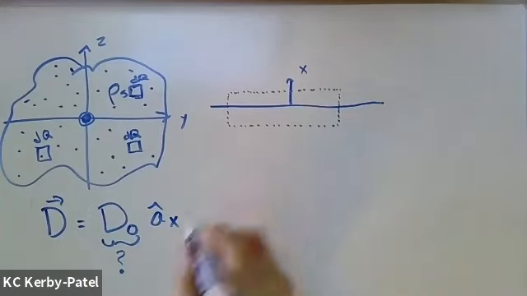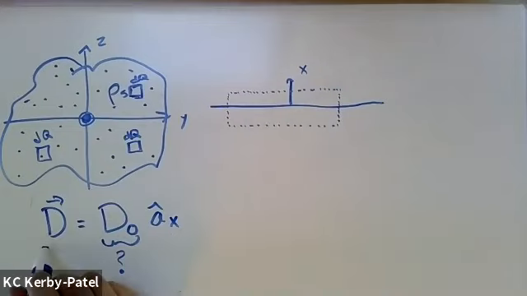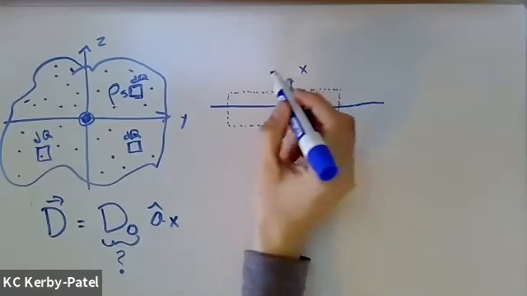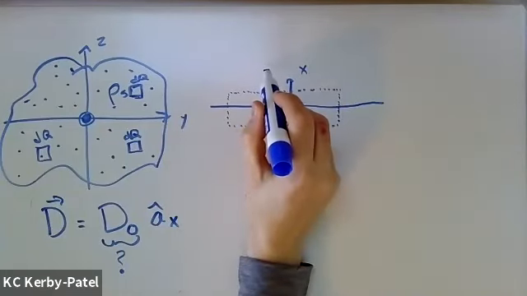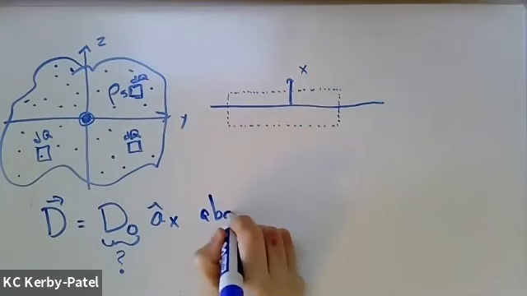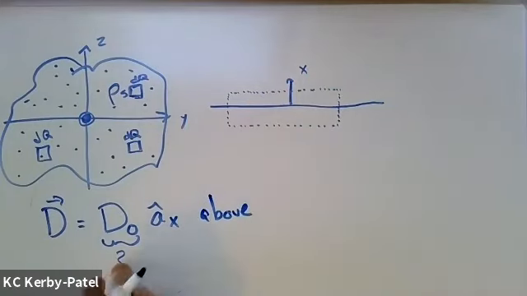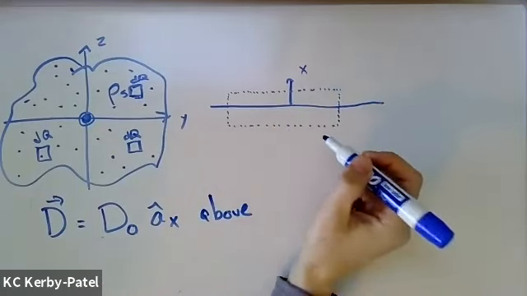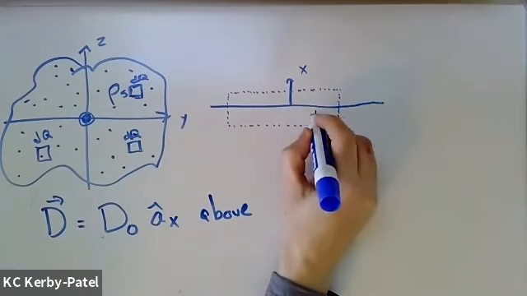So take a look at this. I know my electric flux density is x directed. It's going to be x directed above the sheet of charge and minus x directed below the sheet of charge, because that is how charges work. The electric flux density points away from them in every direction.